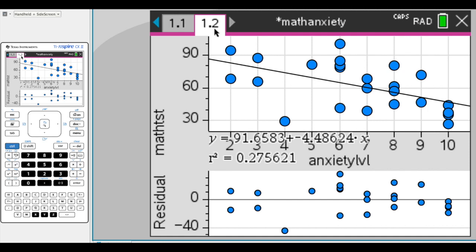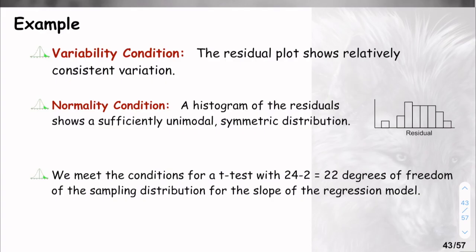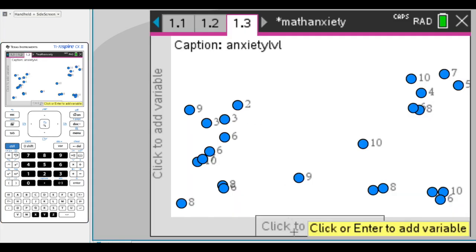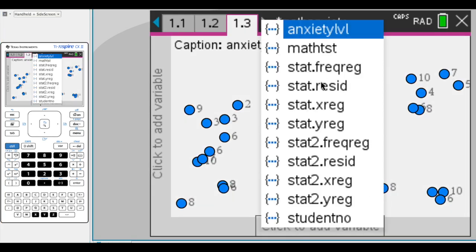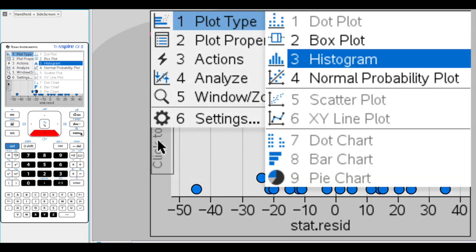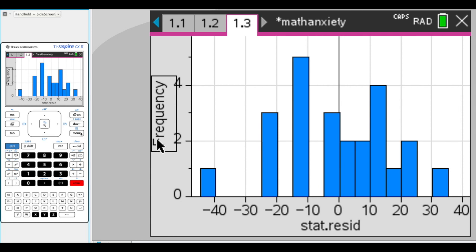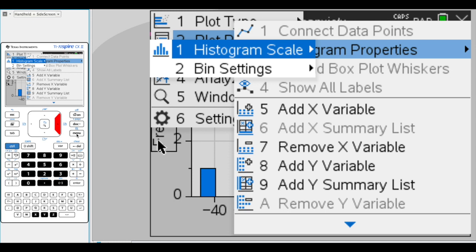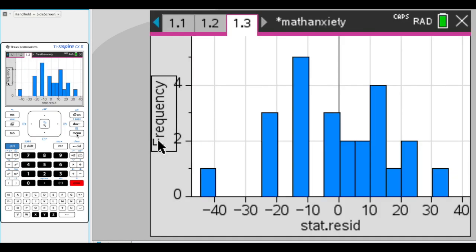We also, from our calculator, want to make a new document, and we want to make a histogram. We're going to grab our residuals, go to menu, plot type, and look at our histogram. Just as a refresher, we're going from almost negative 50 to positive 40. So from our plot properties, histogram properties, we go to bin settings and set equal bin width.